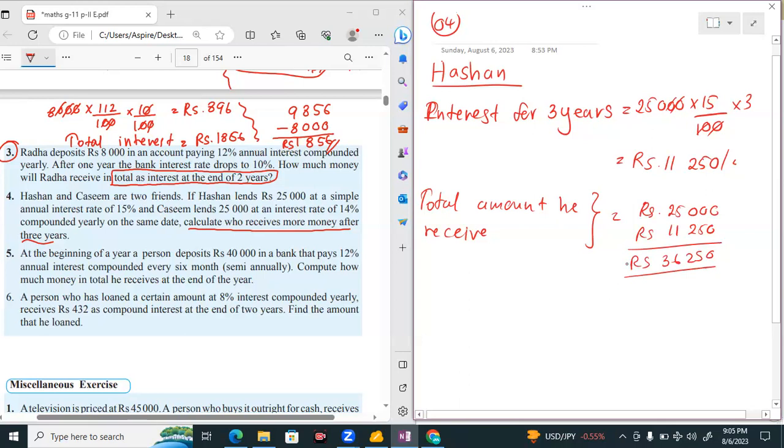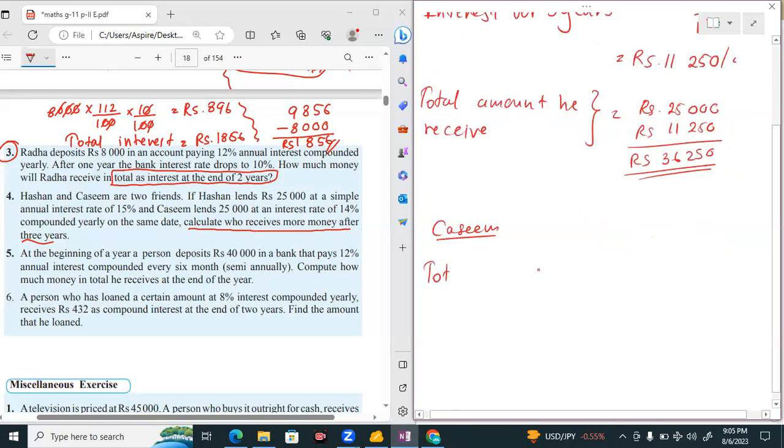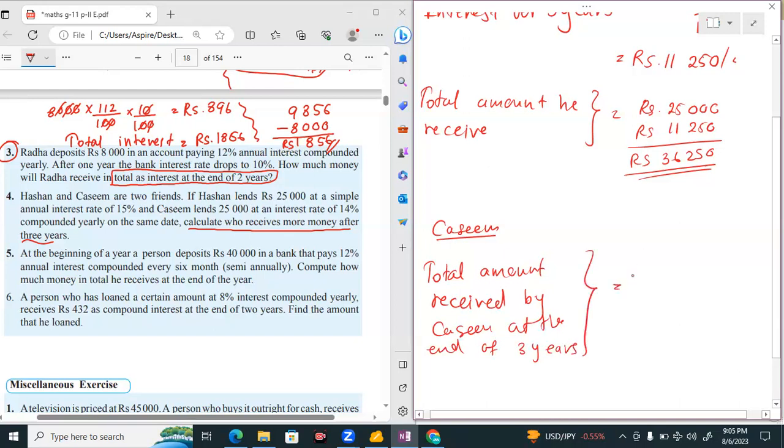Then let's calculate it for Kasim. Kasim has lent the money under the compound interest rate. The total amount received by Kasim at the end of 3 years is equal to 25,000.